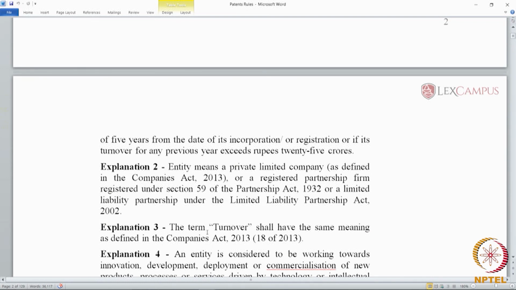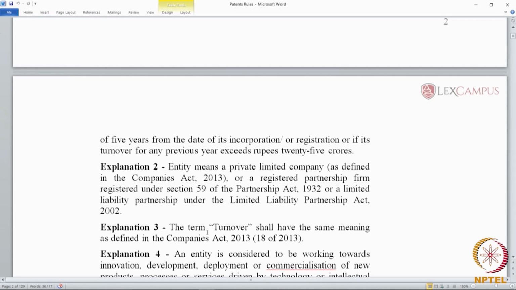So, registration or incorporation is required under these three enactments for an entity to be regarded as a startup, which also tells us that if you are registered under the Micro, Small and Medium Enterprises Development Act 2006, then you will be accorded the status of a small entity, because a small entity has a different fee structure under the Patents Act.